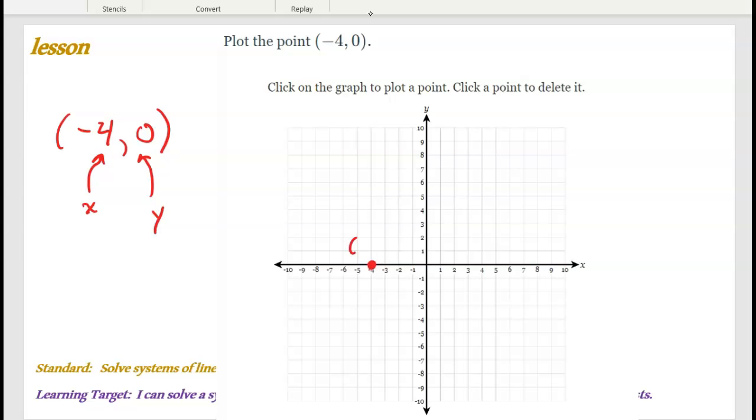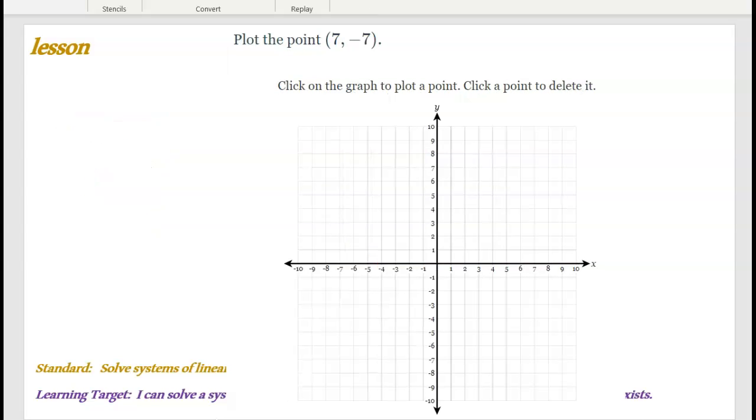That point is negative 4, comma, 0. X coordinate, y coordinate, two coordinates make a point. All right. Una más. 7, negative 7. 7 to the right, negative 7 down. Boom.